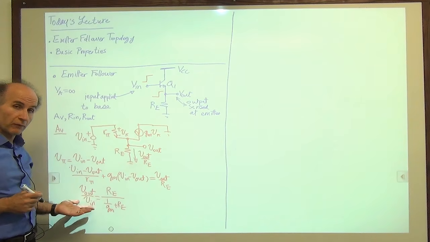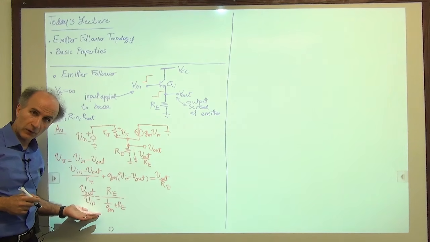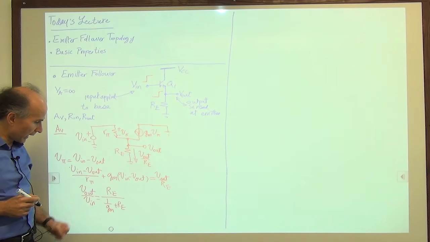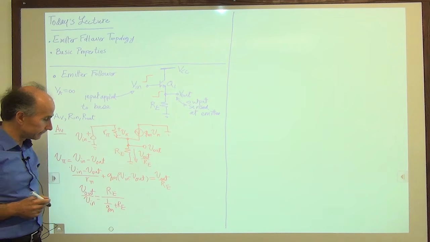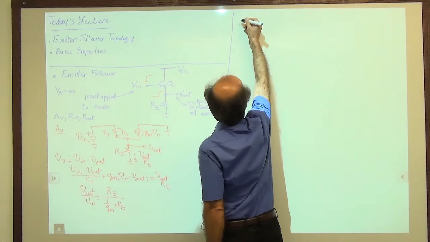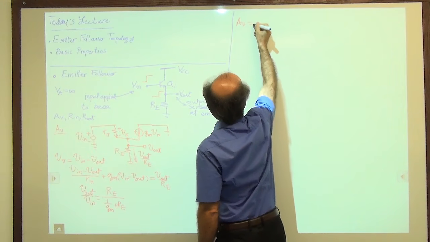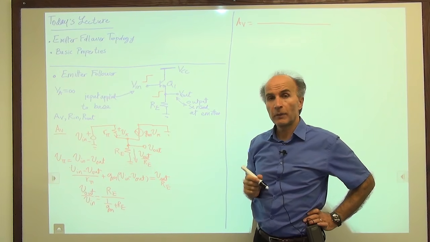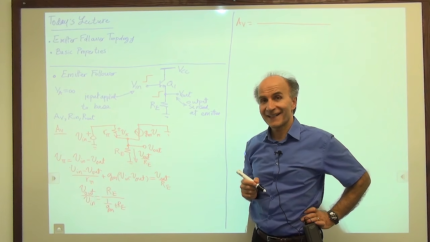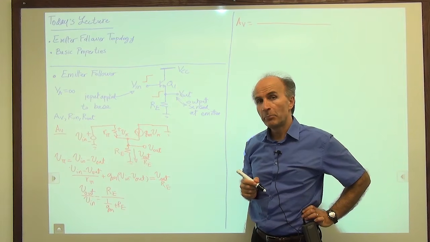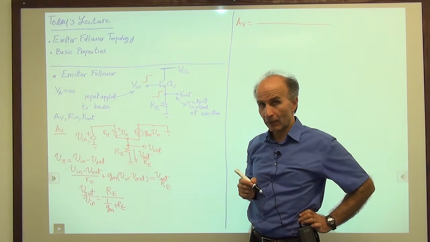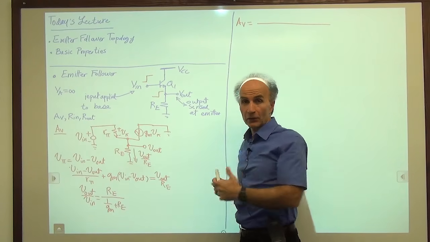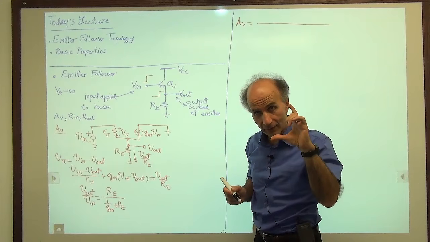Now, it's good to verbalize this result so that we can remember it better. So the voltage gain of an emitter follower is given by, so we say AV is equal to, what do we have in the numerator? In the numerator, we have the total resistance that is tied between the emitter and AC ground, right? From here to AC ground. You can call this RE, call it R5, call it anything you want. That is the resistance.